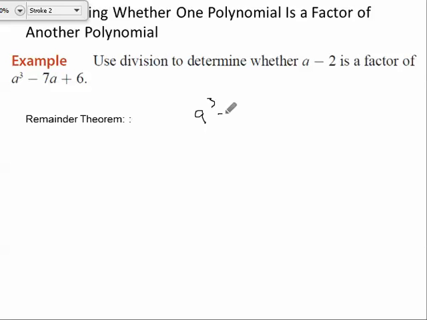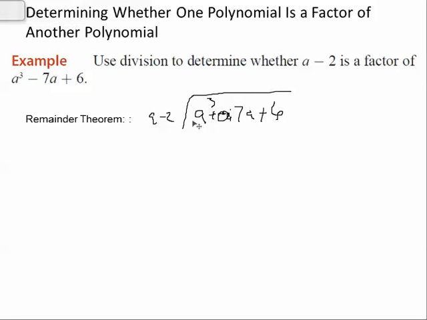A cubed minus 7a plus 6, and we can divide that by a minus 2. Well, since we have an a cubed, we need an a squared term in there, right? So I'm going to say plus 0a squared.